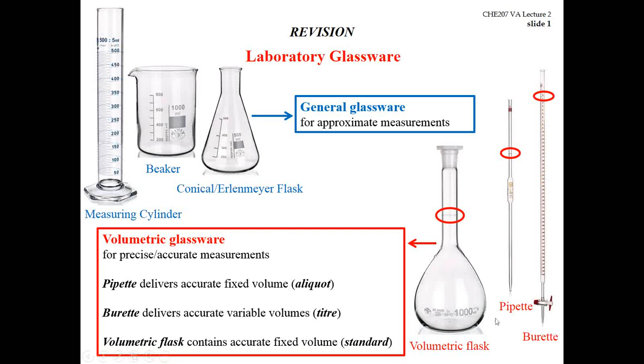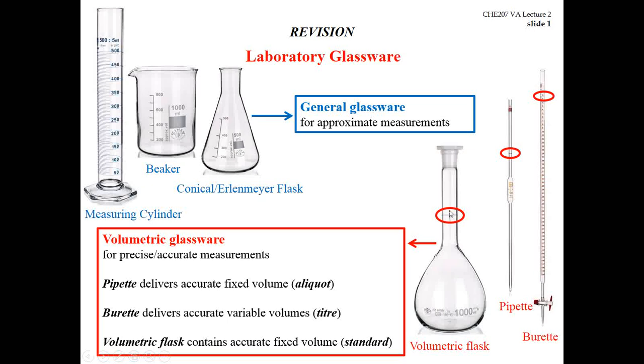The second group, we call them volumetric glassware. They are for precise, accurate measurements. You see that on each glassware, there's a circle on the neck of the tubes here.